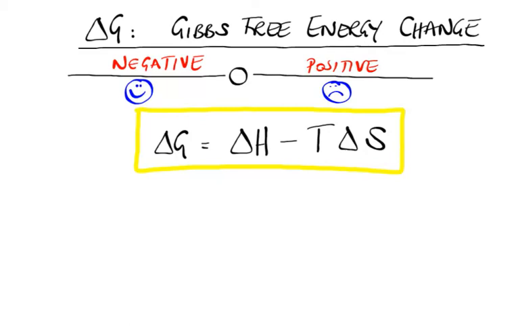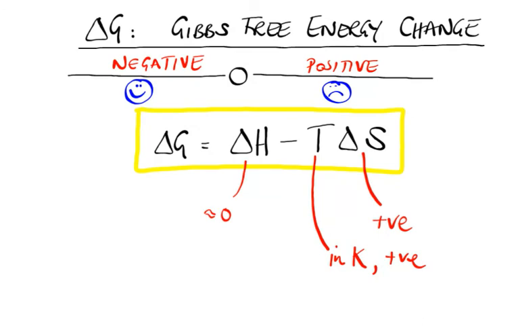So let's have a look at the components that we have. Our enthalpy change, we said, was going to be approximately 0. Our entropy change was most definitely positive, and we've also got the temperature, which we haven't mentioned. The temperature is recorded in Kelvin, therefore is always positive.